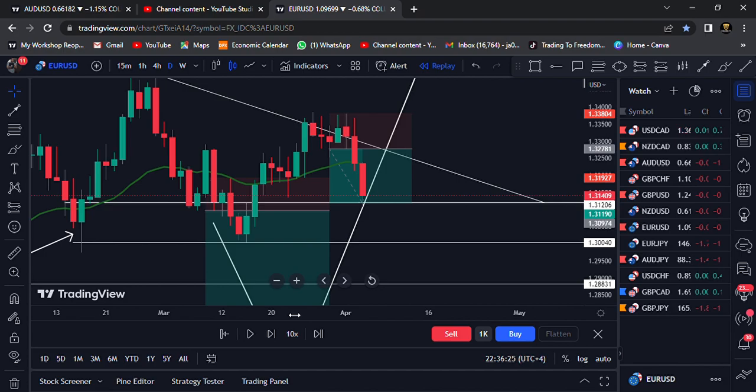So this was a good one, and two trades actually. One almost break even with a small profit, and the second one a complete win, like 100% win. So thank you, guys.